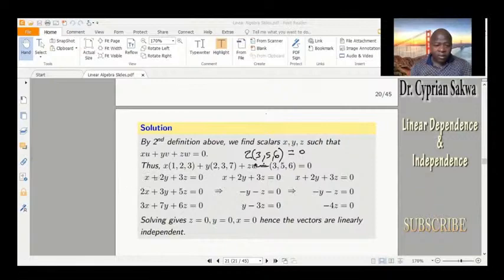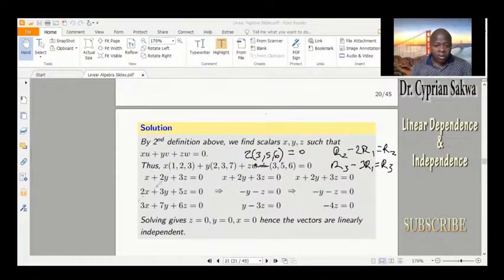The first step, just to remind you what we do there, is that we would take row 2 minus 2 row 1 to give us our new row 2. Then we'll also take row 3 minus 3 row 1 to give us our new row 3.